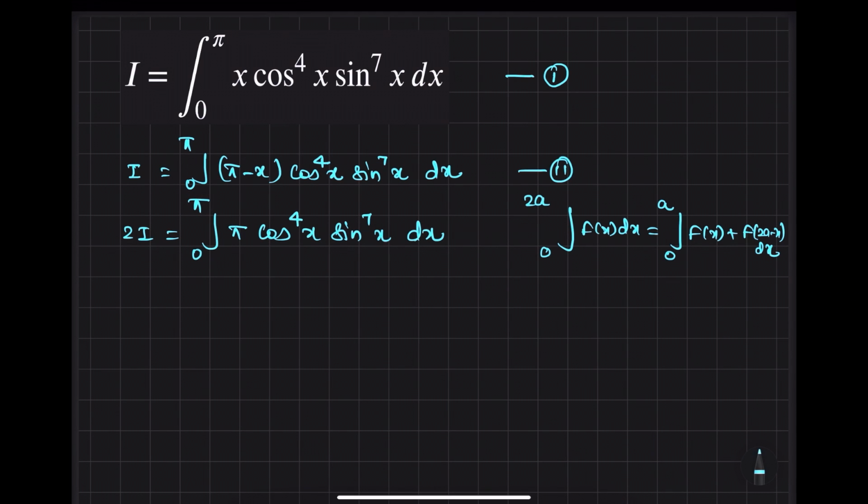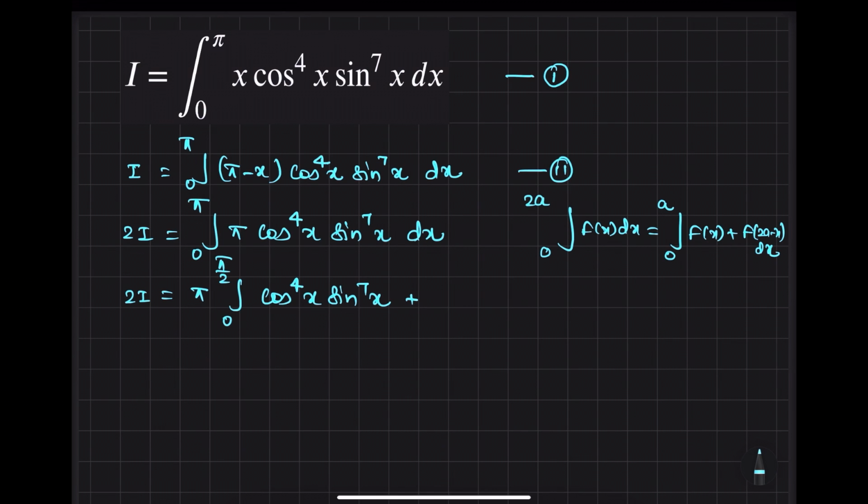So we have 2I is equal to pi, then 0 to pi by 2, and then f of x only. So directly write down the result: cos power 4x sine power 7x. Now you have to do 2a minus x in this case. So 2a is pi, so pi minus x.